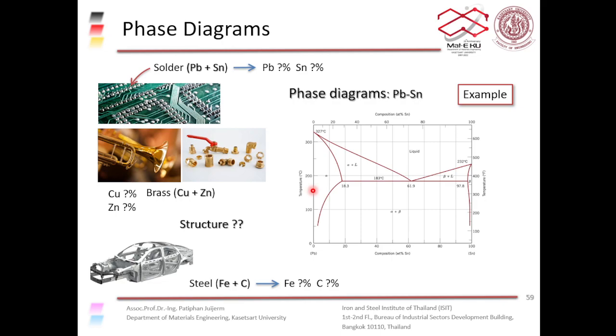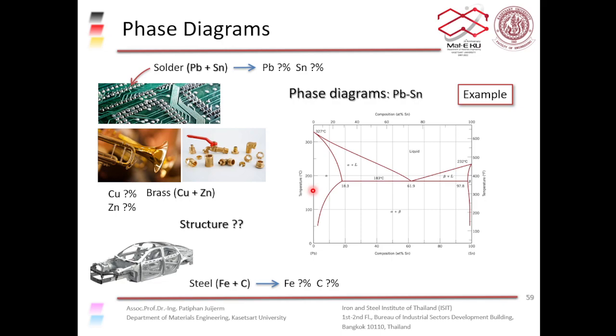The alpha phase is mostly lead, a little bit of tin. The beta phase is mostly tin, a little bit of lead. So the chemical composition of the alpha phase and the beta phase are different. The microstructure arrangements are different. So the properties should be different as well, right?